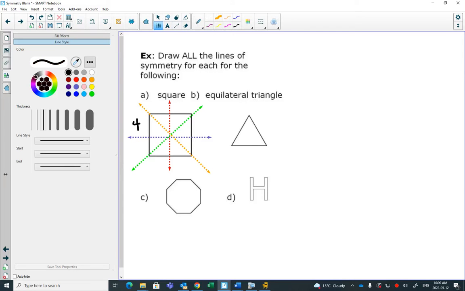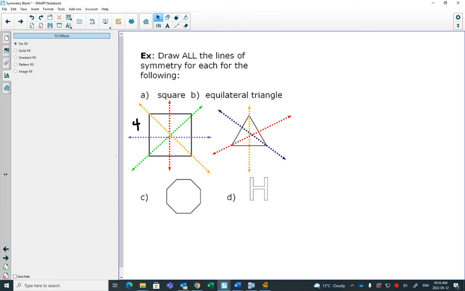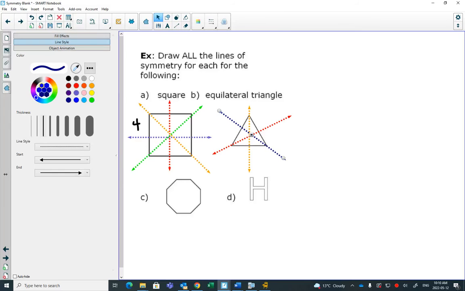For the first one, did you get 4? Second one, did you get 3?